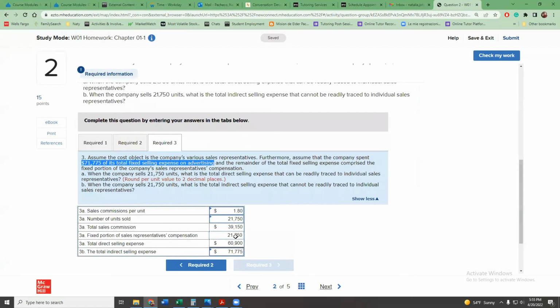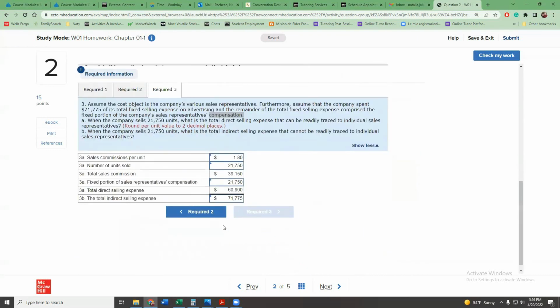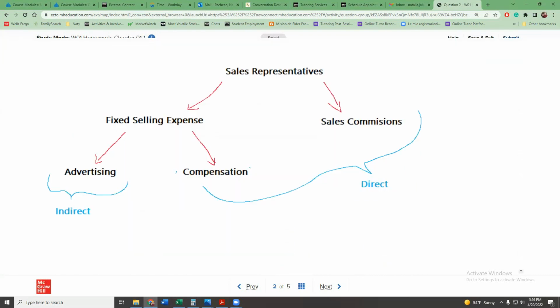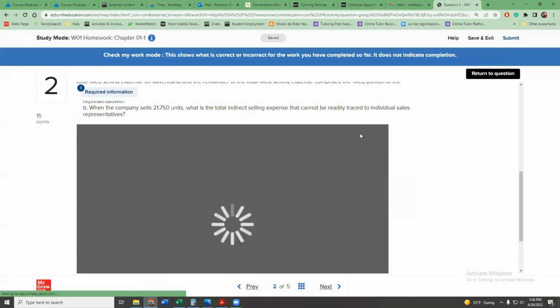And it's interesting that it is the same number as the number of units sold. So the total direct selling expense is the compensation plus the sales commission. So we have compensation and sales commission, and the only one that we have left is the advertising. This one is an indirect cost for the salespeople. So total indirect selling expense, 71,775. That's it. So let's see if it's right.